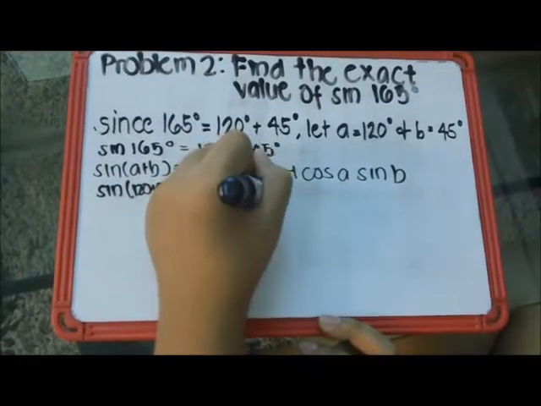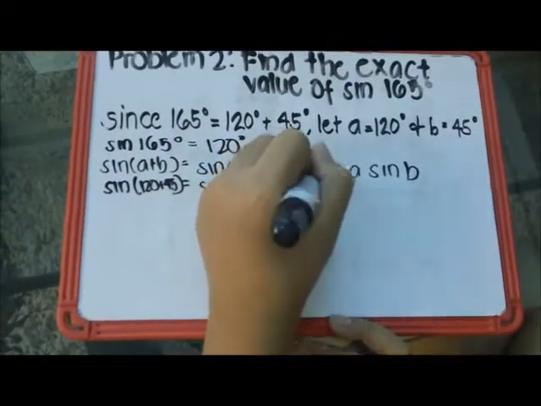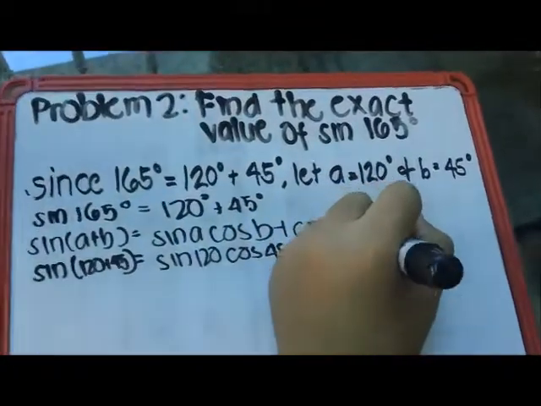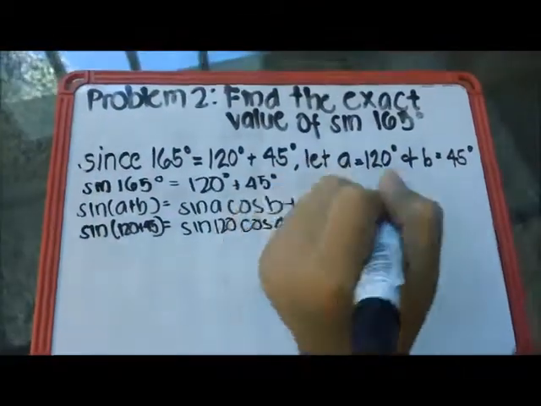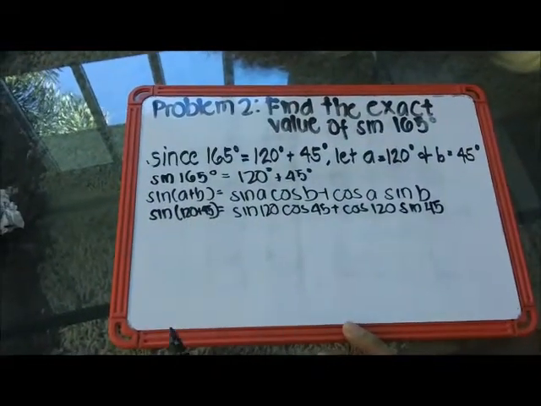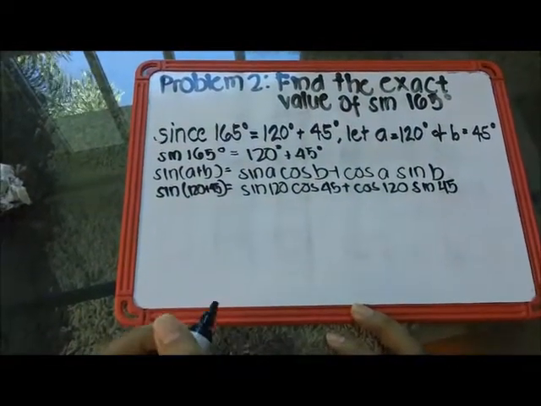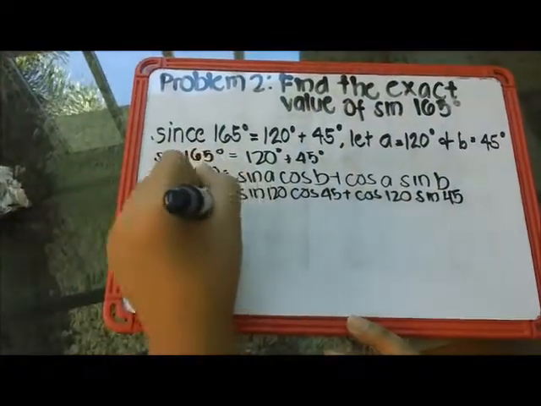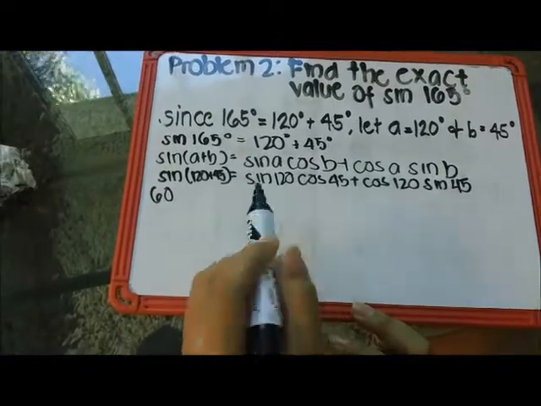It will be sine 120 cosine 45 plus cosine 120 sine 45 degrees. Take note that the reference angle for 120 degrees is 60.